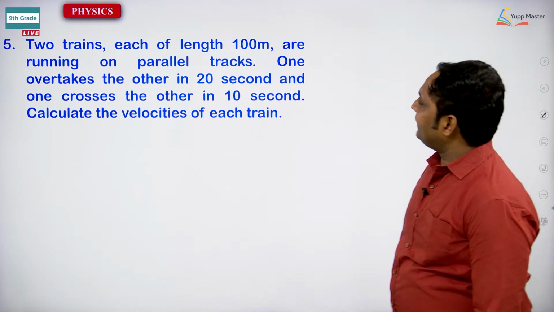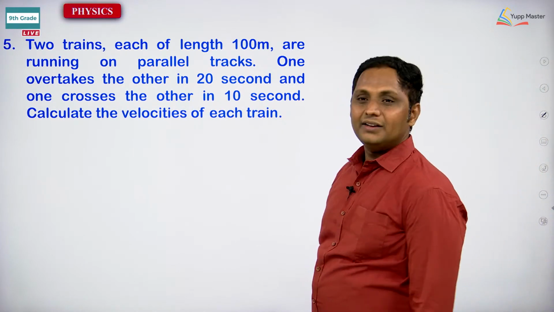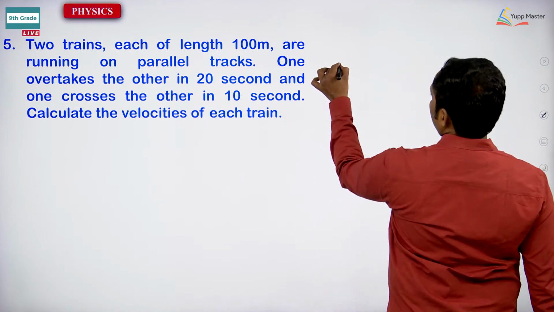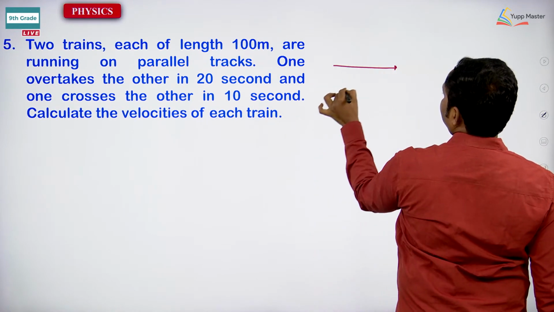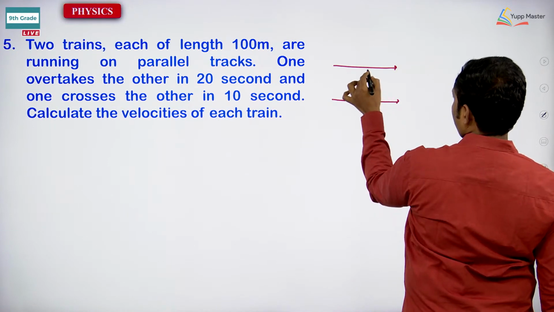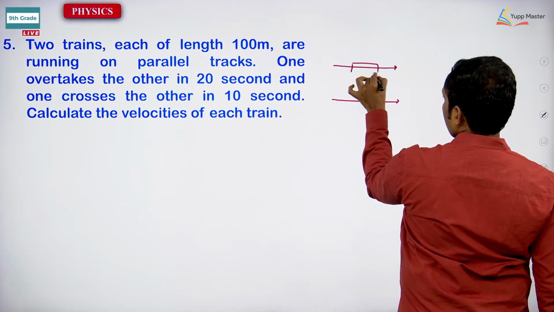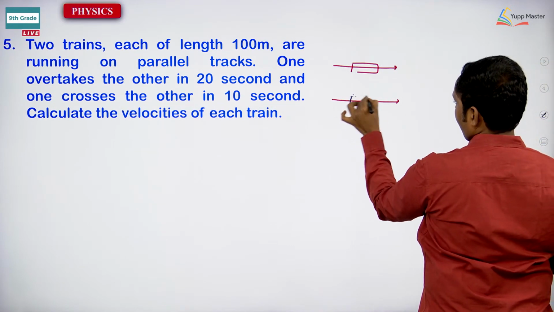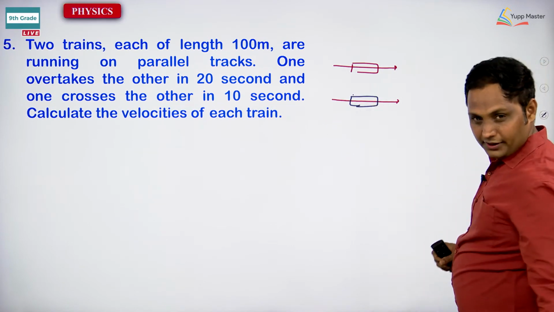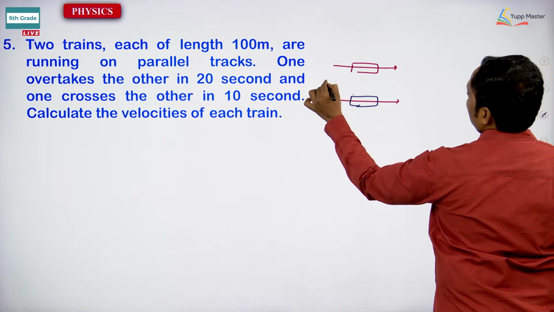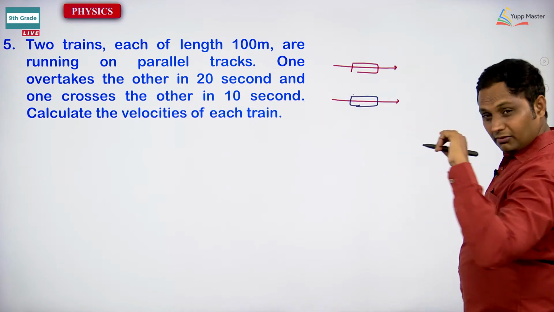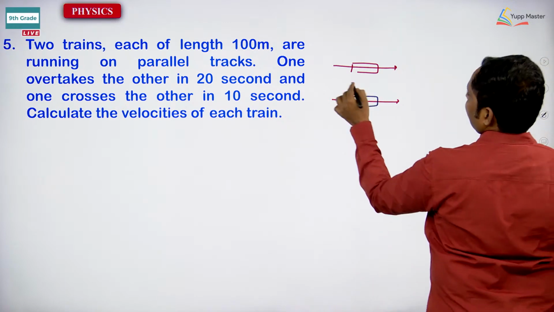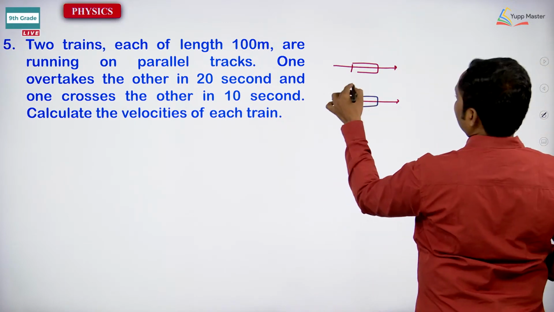Two trains, each of length 100 meter, are running parallel on tracks. Okay, it is very clear. Two trains, the first one and the second one. If they move, here two cases are there.